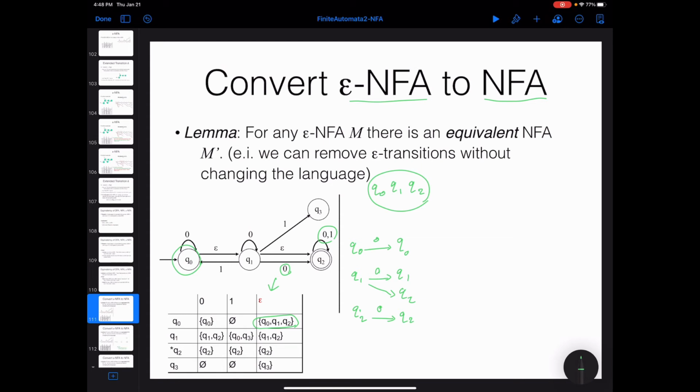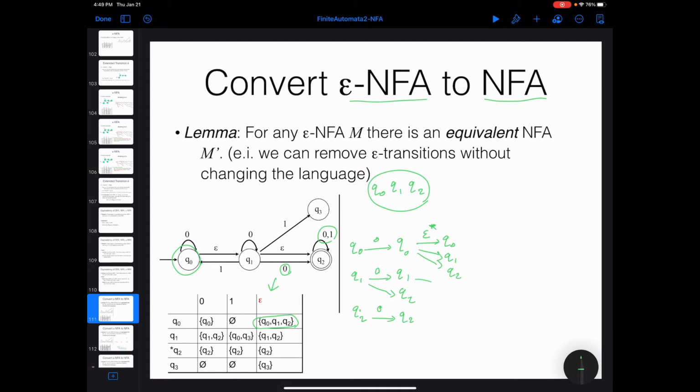Okay? But again, before I go and apply and say that the transition over 0 of this state is going to stay, I need to apply the epsilon closure again, to see where else I can be if I am at any of these states. So you can be at Q0, Q1, Q2, right? Because of the Q0.